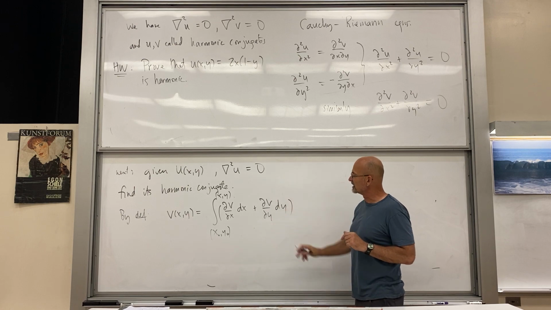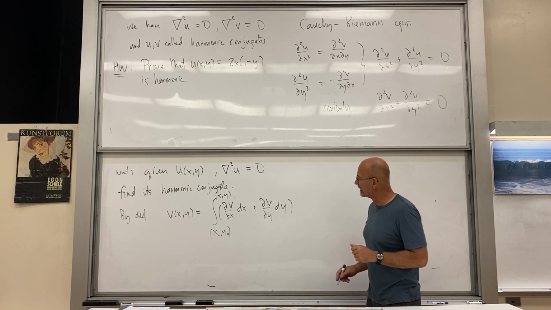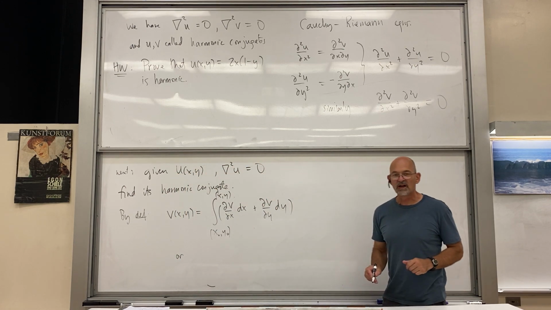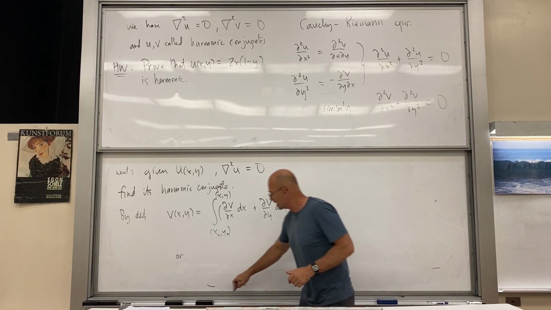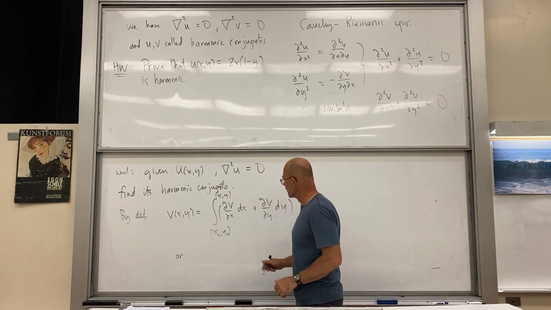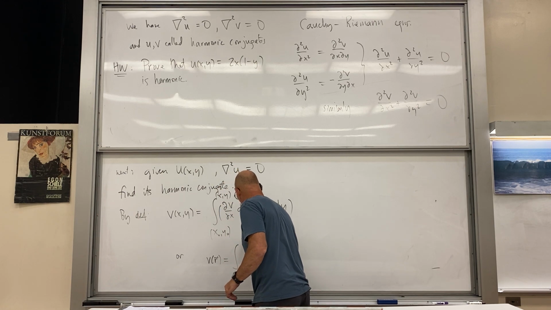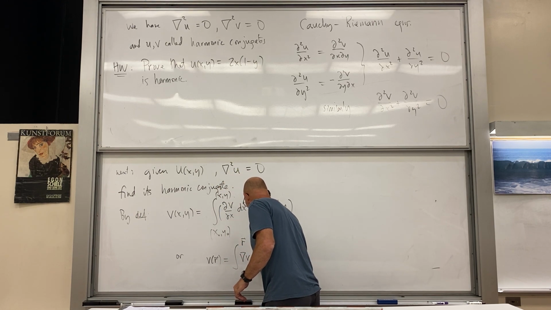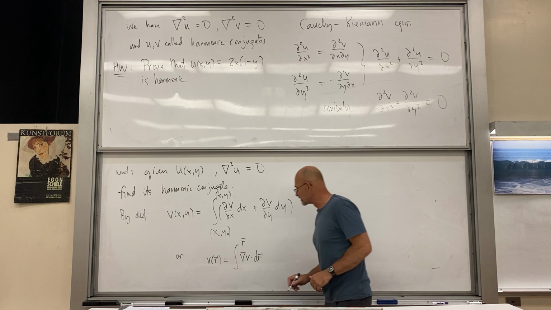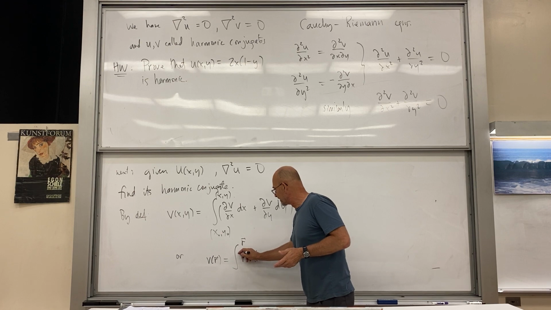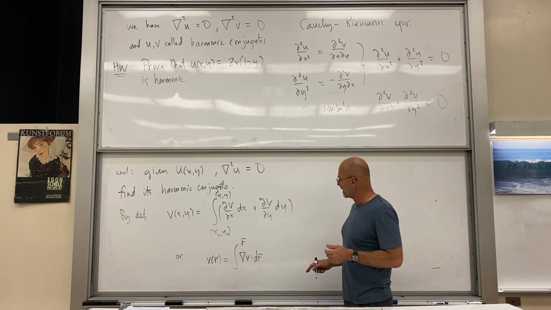Okay, so this is actually an expression of some integrals we talked about last semester, contour integrals in the plane. When we did our little discussion of integral theorems, we would have written this v of r equals the integral of gradient v dot dr along some curve, right? That would have been our shorthand that we used last semester, when we were talking about integral theorems.